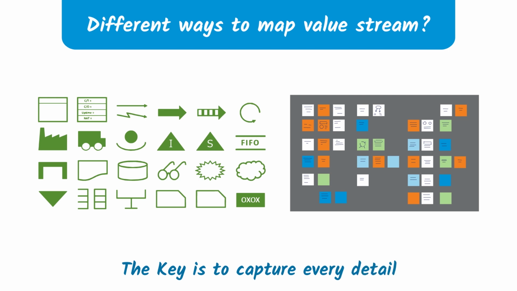They are very rigid on using these symbols or sticky notes. But beautification is not a must. Mapping of every step in this value creation process is important. So don't get stuck in the weeds of what should I use, how should it look, should I use sticky notes or something else. Start mapping.